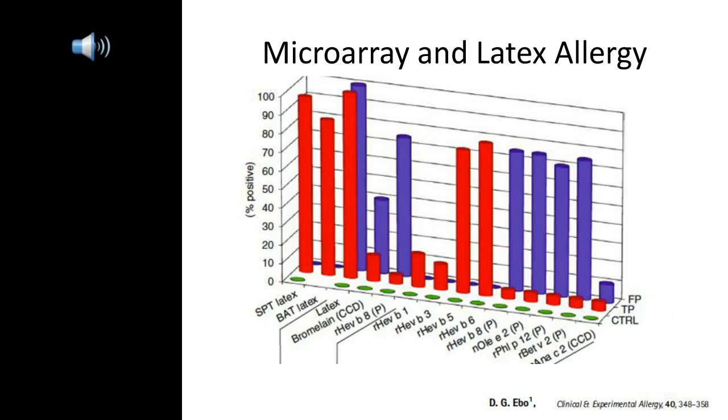It's very early stages, but it looks promising in that this is a study on latex allergy, and you can see where the true positives come up with certain components, where the false positives come up with other components.